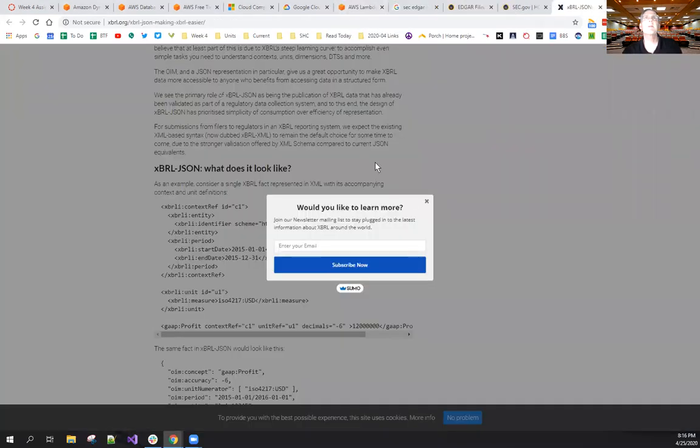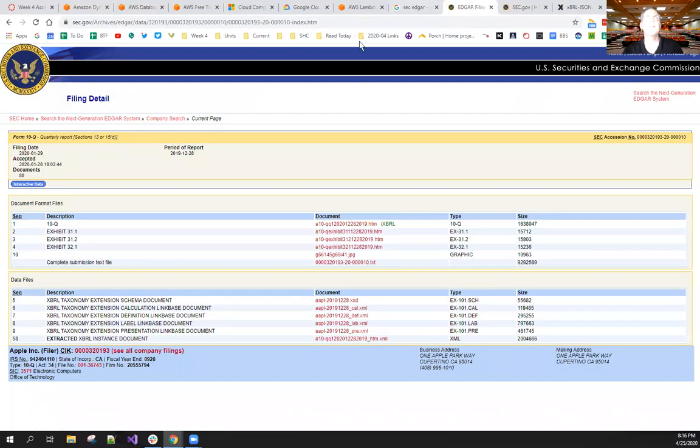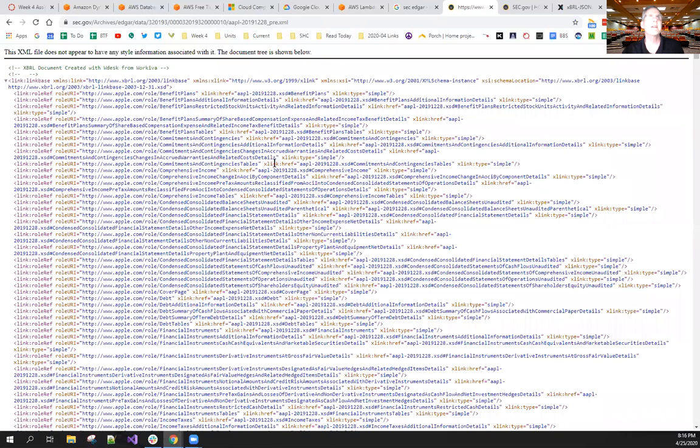here's a little tidbit on that. Converting it to JSON, why do we want to go from this XBRL? By the way, the XBRL format is the XML format of this particular XML file. If you look at this file, it's an XML file, but it's basically the XBRL formulation. XBRL is really an XML format for businesses.